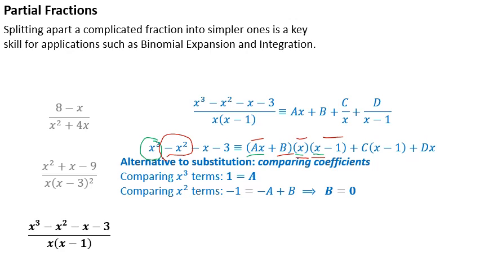What about the x terms? Well, if we look for those, we've got a minus x on the left. On the right hand side, there's quite a few places you might get an x term, but not as many perhaps as you might think. In the big term at the beginning with the ax plus b, you'll notice that everything gets multiplied by x in there. So you won't have any constants coming out of that, but also there won't be much in the way of x terms. To get an x term, you would have to have b times x times minus 1.